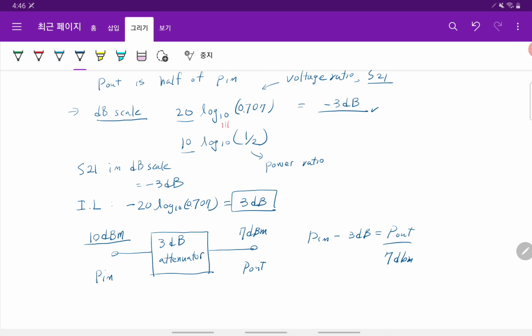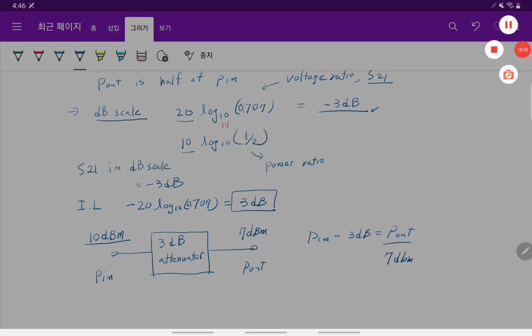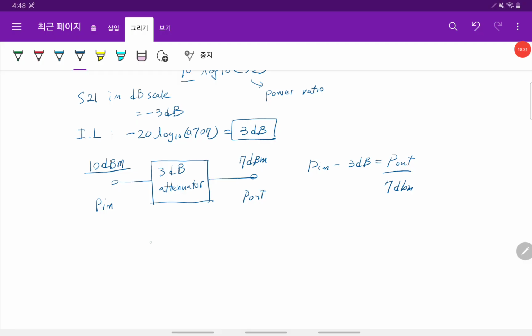So this is normally used in RF circuit applications to reduce the power by 3 dB, for kind of simple drawing. So why do we need this kind of attenuator? It may not look good, because why do we need to reduce the power, right?